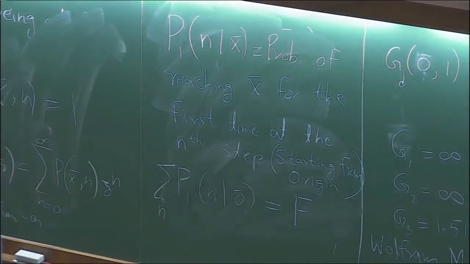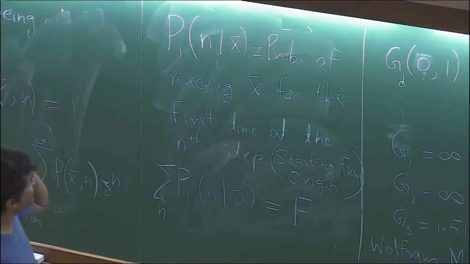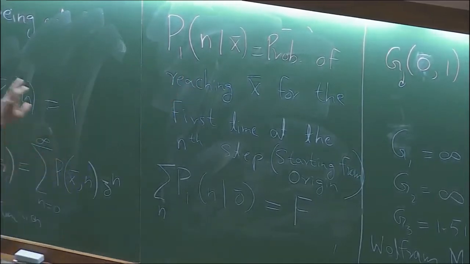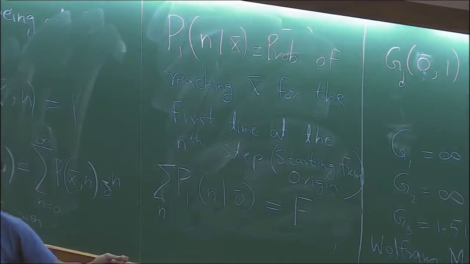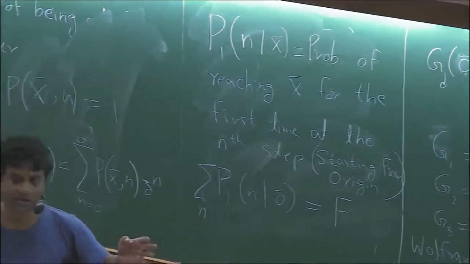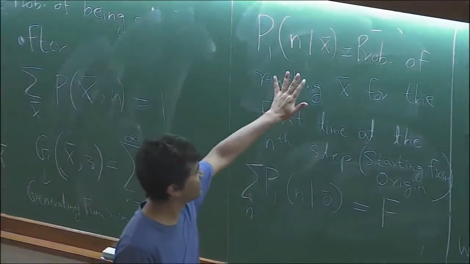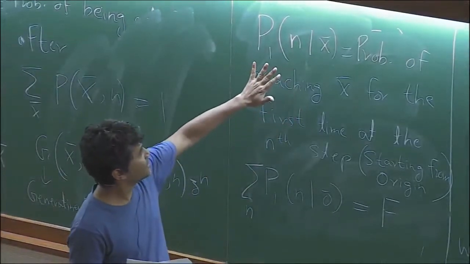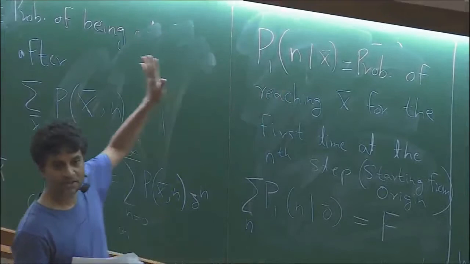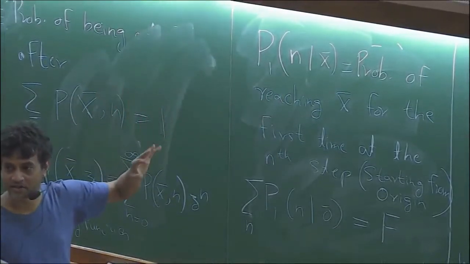Quite often you have to think a lot to see what is the difference between this and this. So this is the probability of being at X at time N. That doesn't mean that you visit. Naively it looks like this object and this are almost the same thing, right?